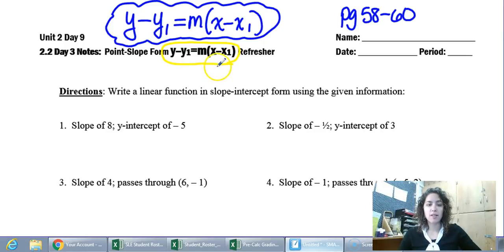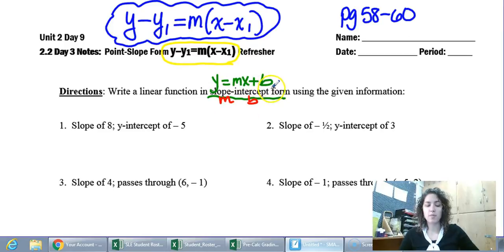It says, write a linear function in slope-intercept form using the given information. So notice, we're supposed to write in slope-intercept form. Slope-intercept is y equals mx plus b. The way that I keep them straight is the name actually tells you what information it contains. So slope-intercept has m and b.